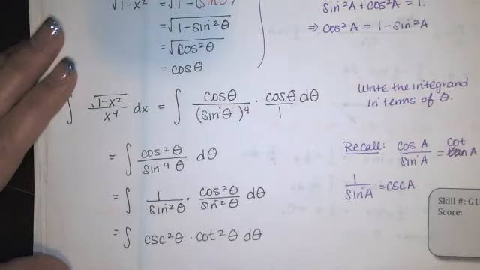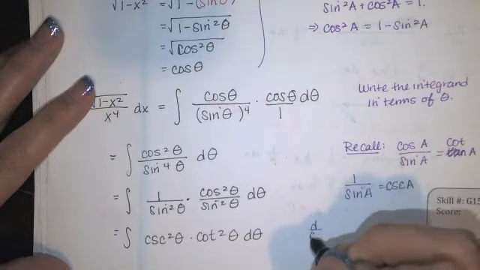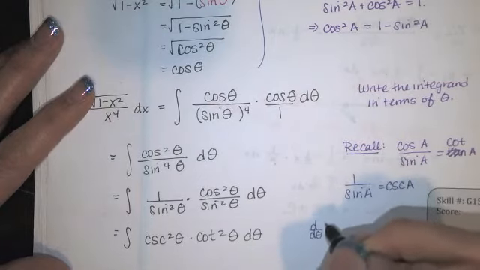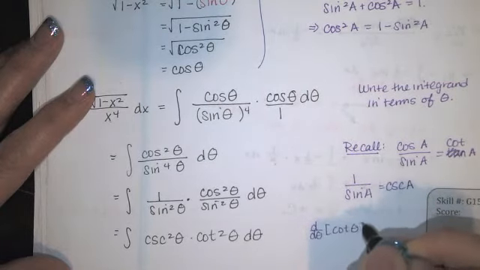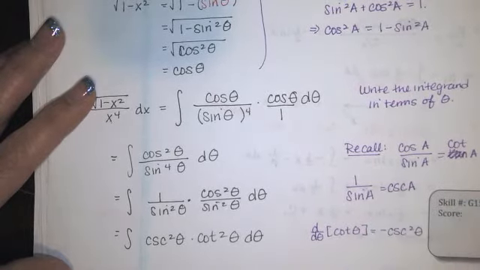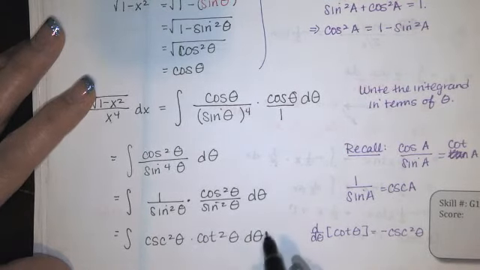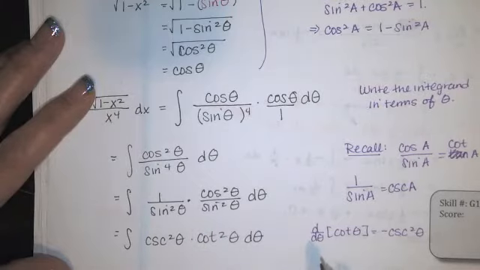And we have a couple of facts. If we look at the cotangent derivative with respect to theta, it turns out to be negative cosecant squared of that angle. So that means I've got this cosecant squared of theta d theta. That is almost exactly the derivative of cotangent of theta.